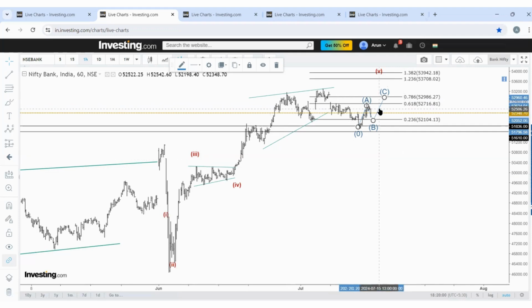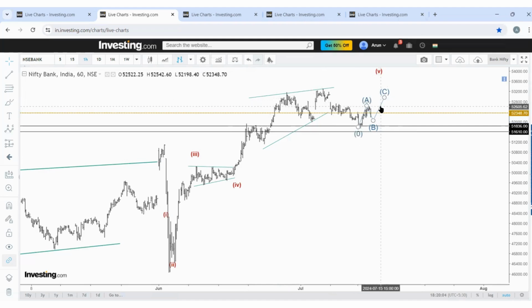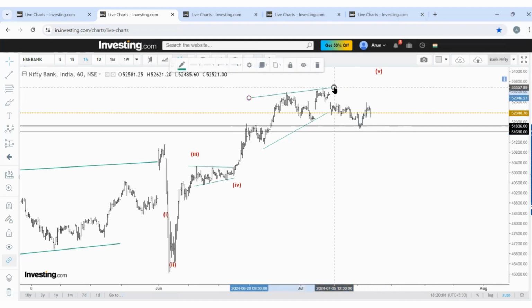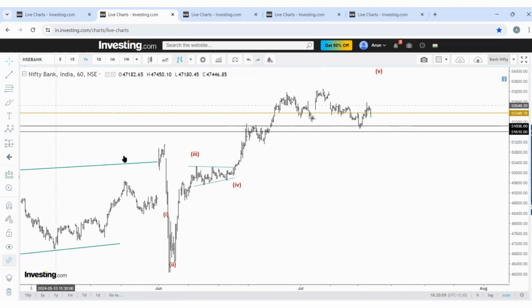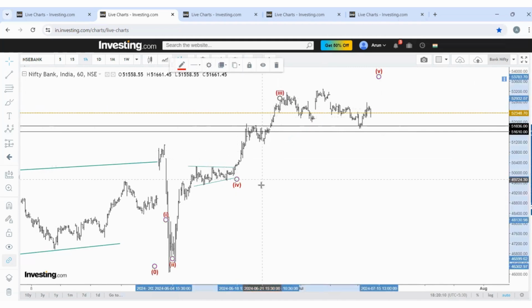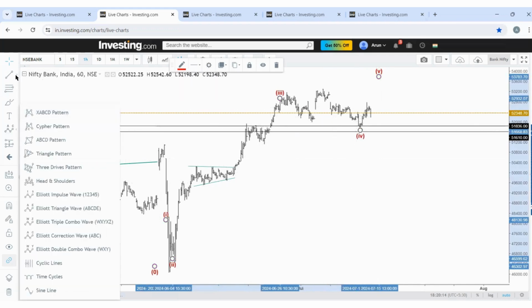What is the bullish scenario? As I marked before, this can still be 3, 4, and 5 proceeding like this.